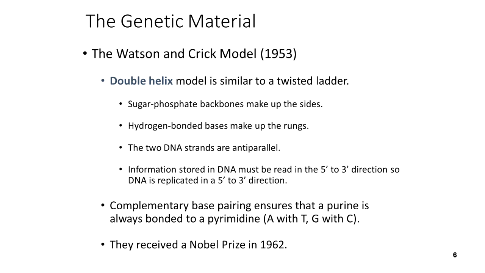Okay, having said that, in 1953, they come up with this Watson-Crick model, which is a double helix, which is basically a twisted ladder, and that is the shape of DNA. Okay, so the backbones of the ladder are the sugar phosphate, sugar phosphate, sugar phosphate, and then there are hydrogen bonded bases that are making up the rungs. So if you are thinking about a ladder, the part your feet are stepping on are the rungs.